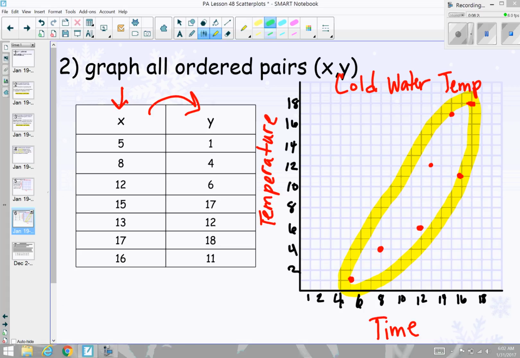Now, on a scatter plot, the line does not have to touch every value. It's just a line that generally goes through the center of the data. So we could create a line that represents the data. Some points are a little bit above, a little bit below, and some are right on the line. So it does look like there is a strong relationship between these two. Very interesting. Okay, good to know.